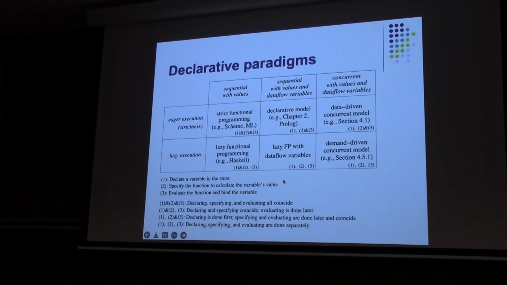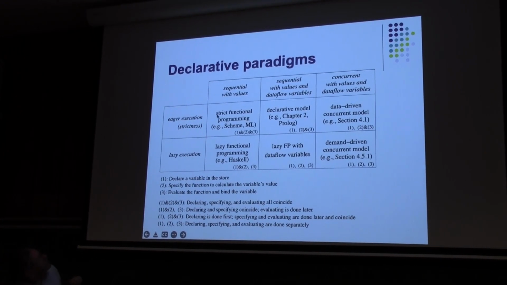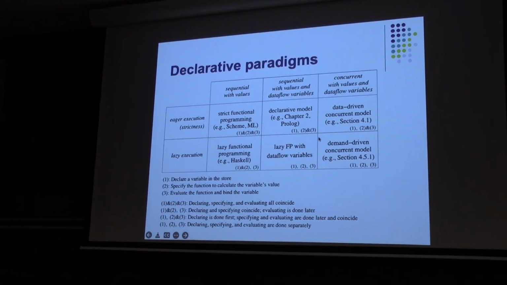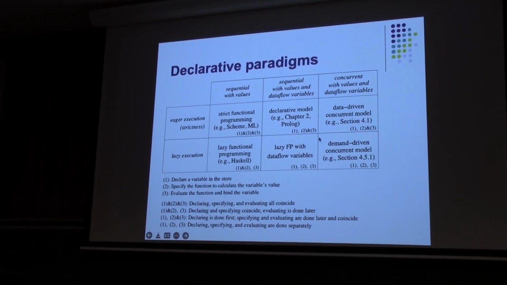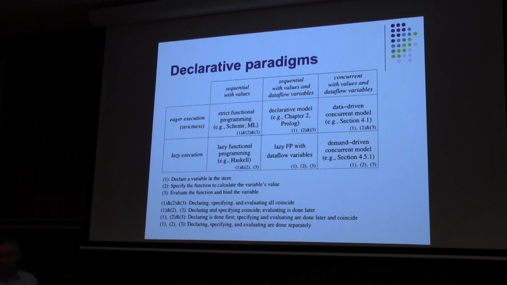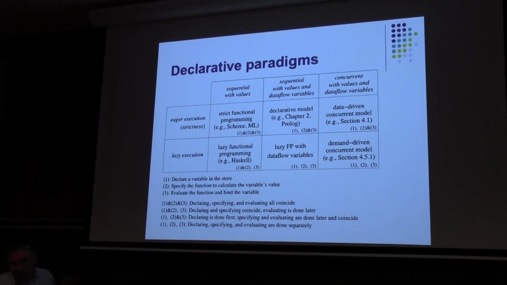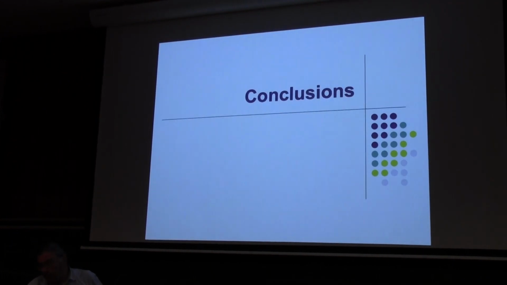Some of them have languages attached. This one is Scheme. This one is Prolog, or a deterministic subset of Prolog. This one is Haskell. For these 3, there are not many languages, or none, today. But it will be done in the future. This is future-oriented. You will see many more declarative paradigms appear.